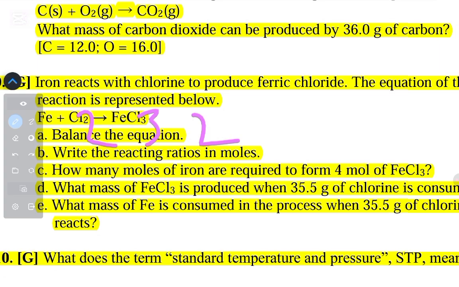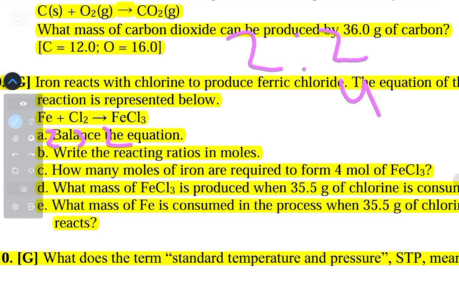Iron is Fe, producing FeCl3, so the ratio is 2 to 2. To form 4 moles of FeCl3, it's going to be 4 because it's the same. It's 2 to 2, so it would also be 4 over here. So that's it for that.